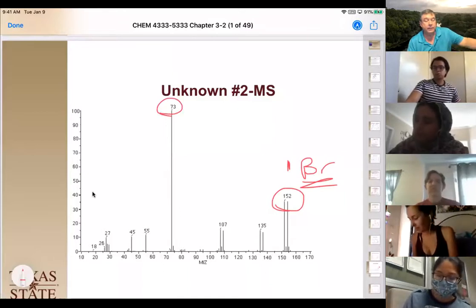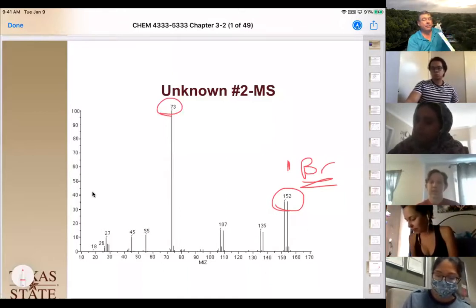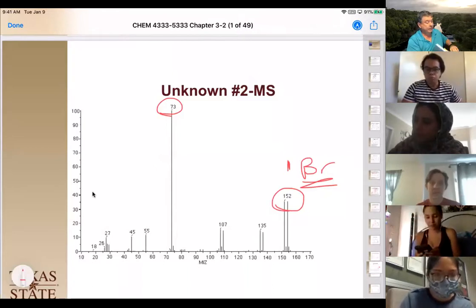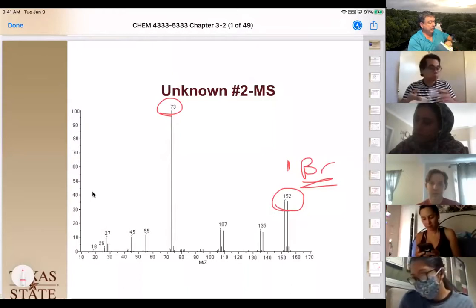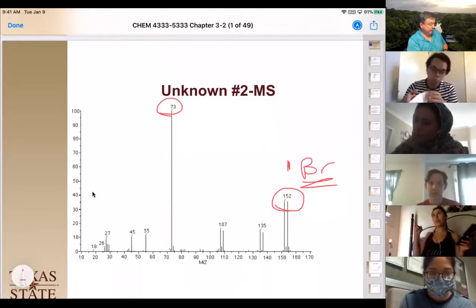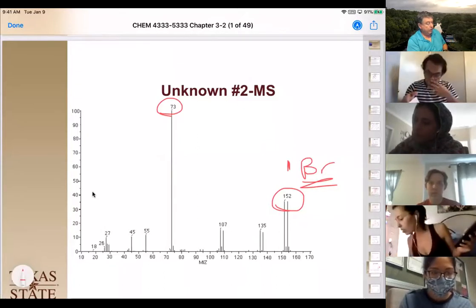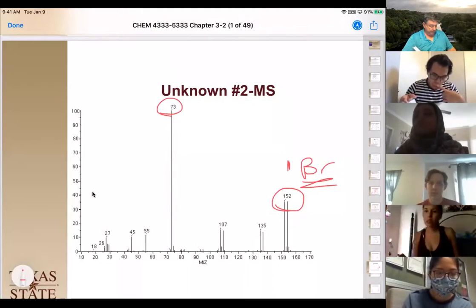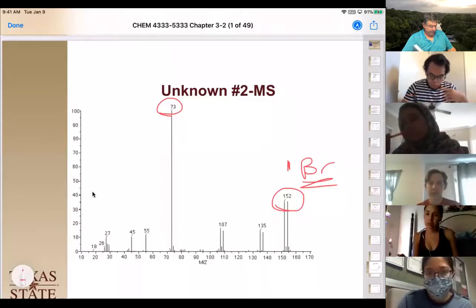So luckily, we can look at our fragments found table and see if that's a common fragment that we should see. Our fragments found table, not fragments lost table, just found table. 73, so homologs of 59. What does that mean? Homologs of 59.